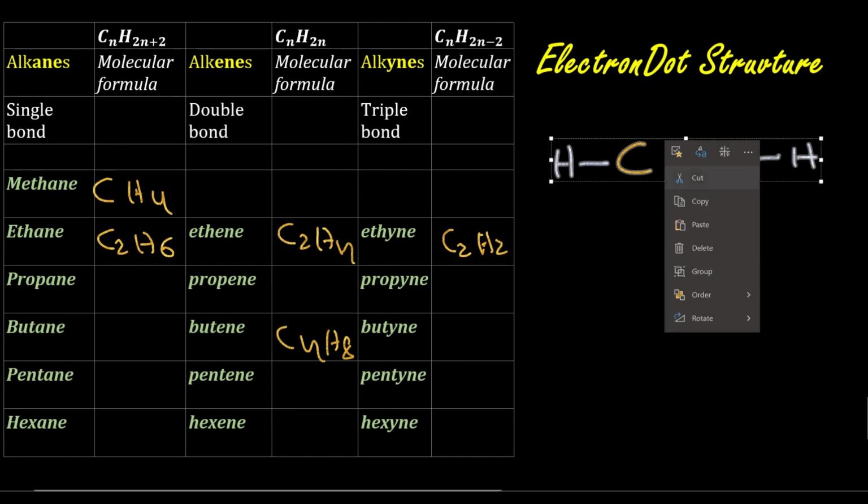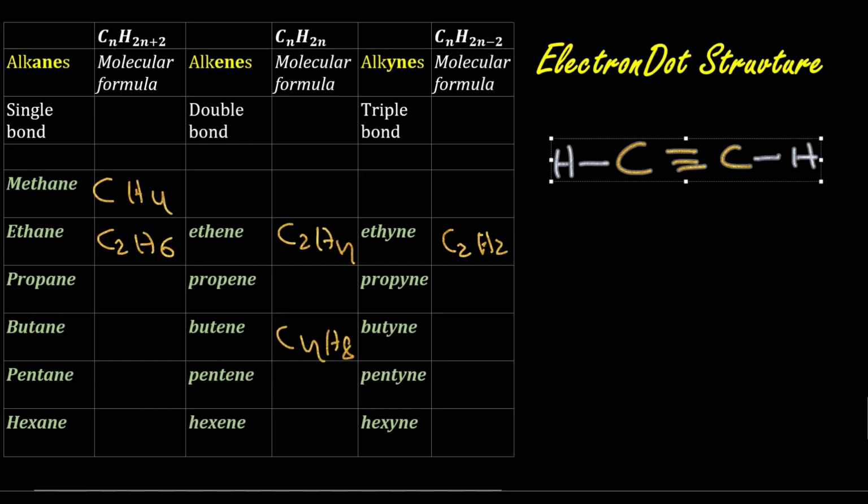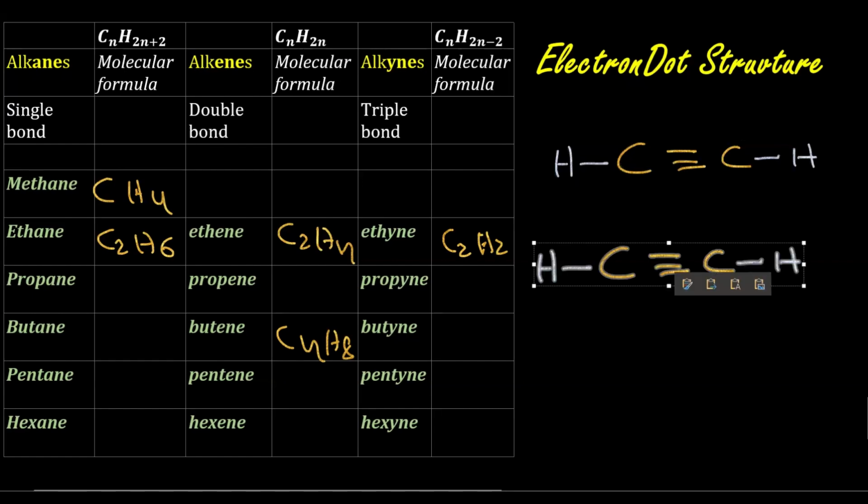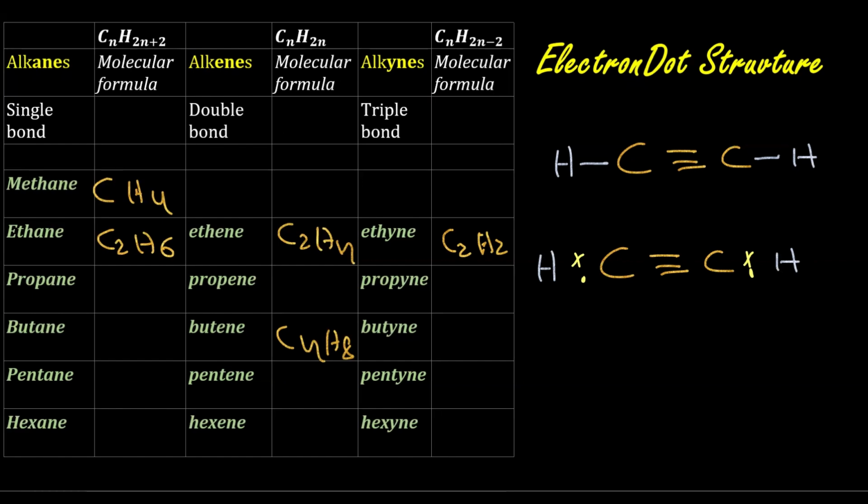For example, if I keep a copy of this below, I'm going to replace the bond between carbon and hydrogen with a cross and dot, same here with a cross and dot. And between carbon-carbon, as you know, one bond represents a pair of electrons, there are 3 bonds, so there should be 3 pairs, and since it is between carbon and carbon, I'll place 3 pairs of crosses.